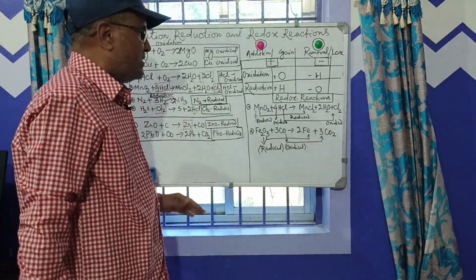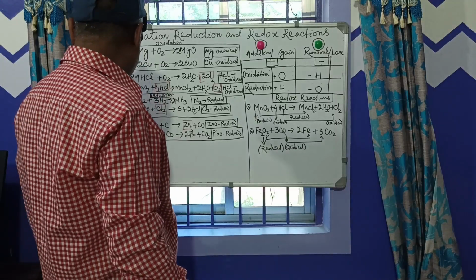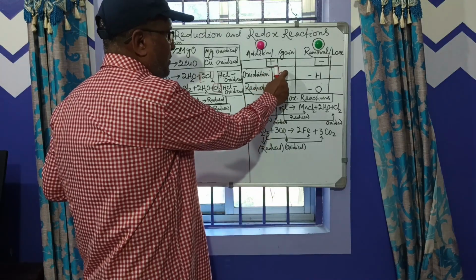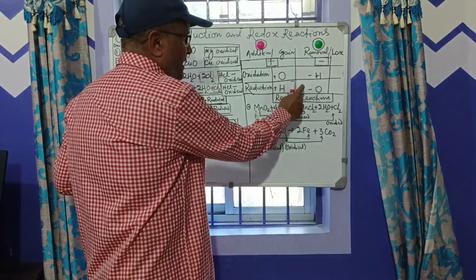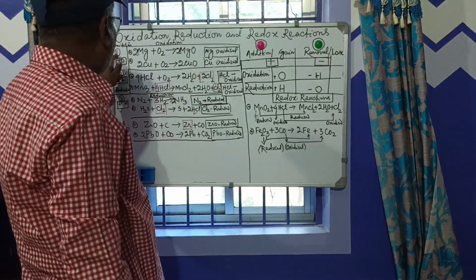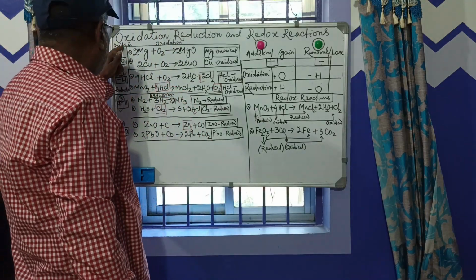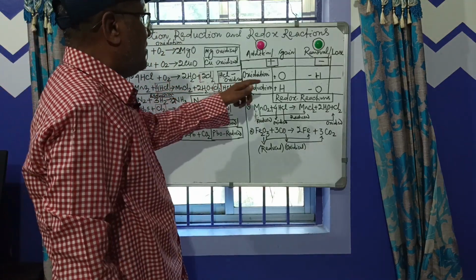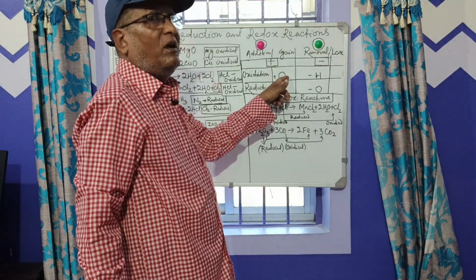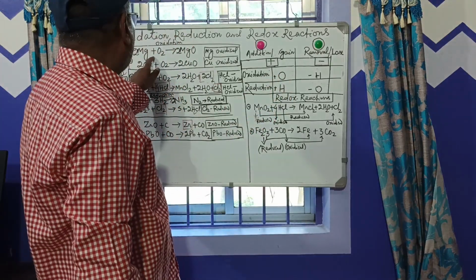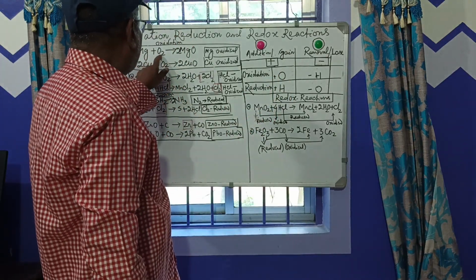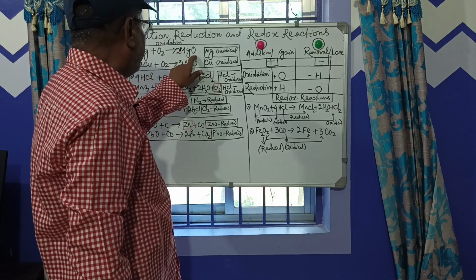So we have taken 4 examples for 4 sections, number 1, number 2, number 3 and number 4. Number 1 is addition of oxygen atoms. Now look at magnesium plus oxygen, magnesium oxide.